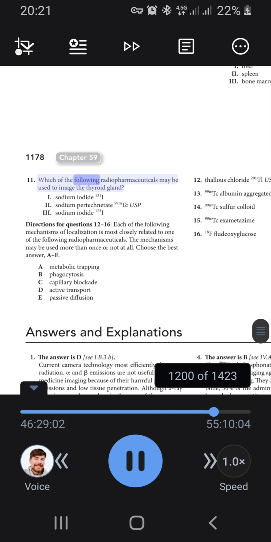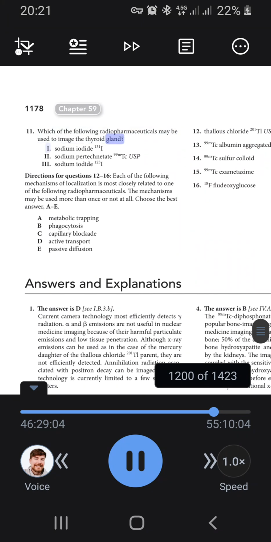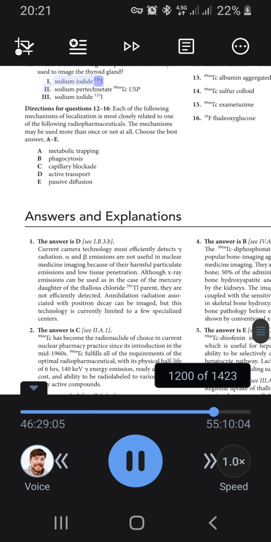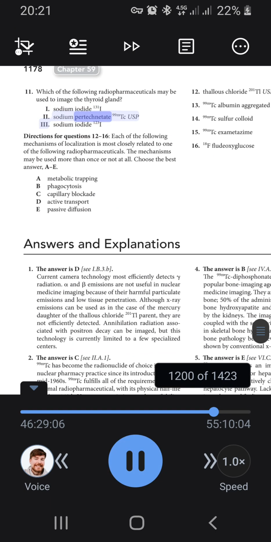Which of the following radiopharmaceuticals may be used to image the thyroid gland? I. Sodium iodide 131I. II. Sodium pertechnetate 99mTc, USP. III. Sodium iodide 123I. Directions for questions 12-16.